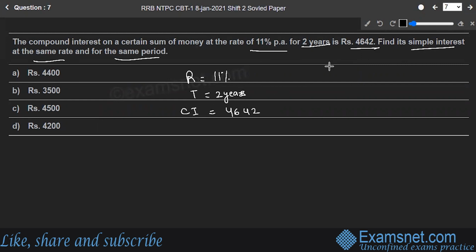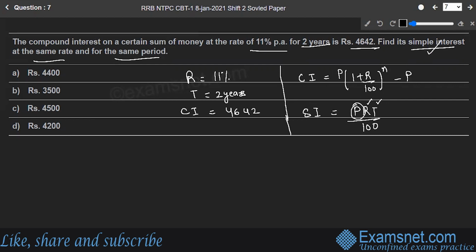Okay. First of all, let's discuss the formulas. You know the formula for the compound interest? That is equal to principal into (1 plus rate upon 100) raised to the power time minus principal. And simple interest is equal to principal into rate into time upon 100. So I have the rate, I have the time, I don't know the principal.